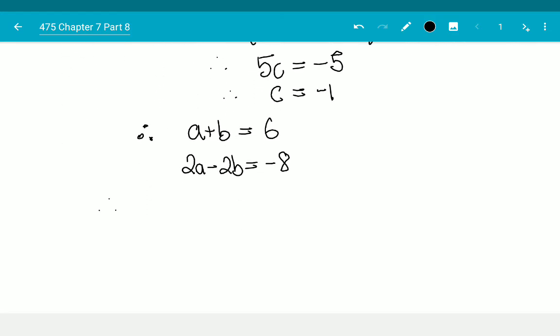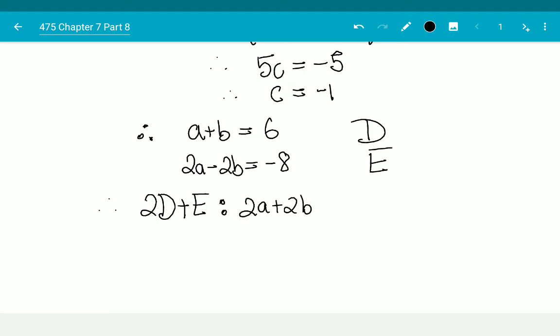Let me call these D and E. 2D plus E gives me 2a plus 2b plus 2a minus 2b is equal to 6 minus 8.